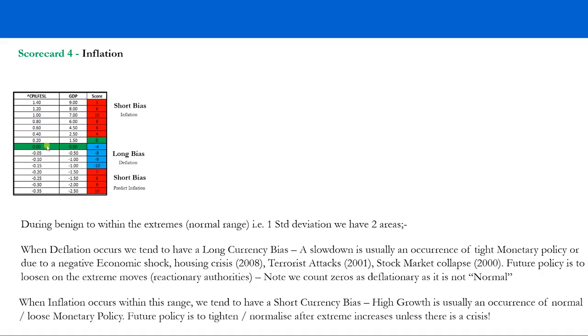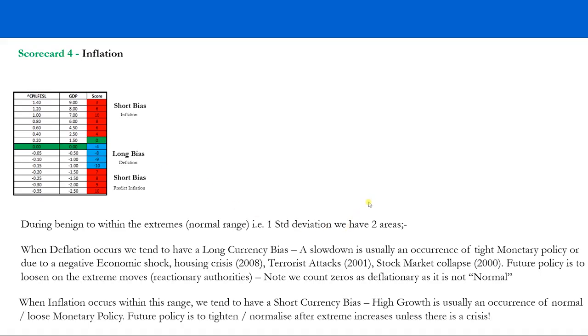You can see here we have a zero value that is scored as a deflationary situation, a minor deflationary score, so a minor long bias. This goes back to our earlier analysis when interpreting the numbers: because inflation ex food and energy is so normal throughout history, the abnormal situation of zero can be considered to be deflation.